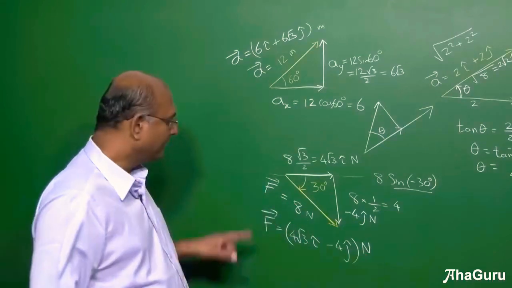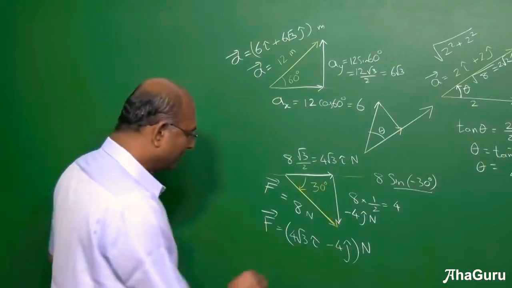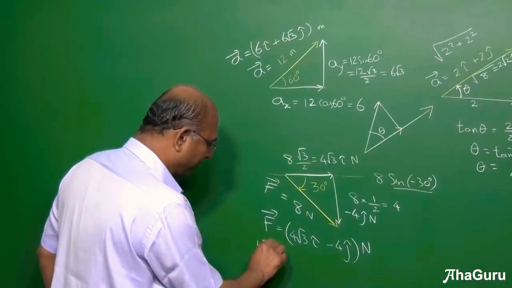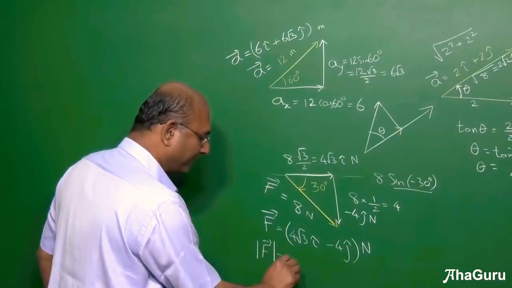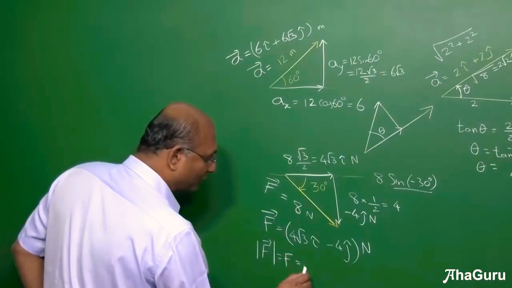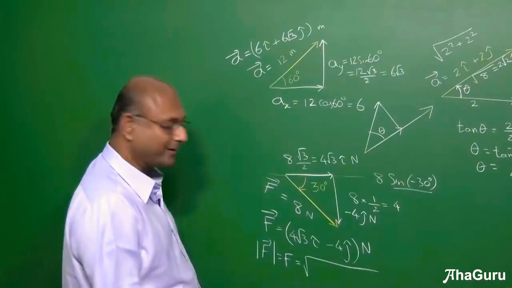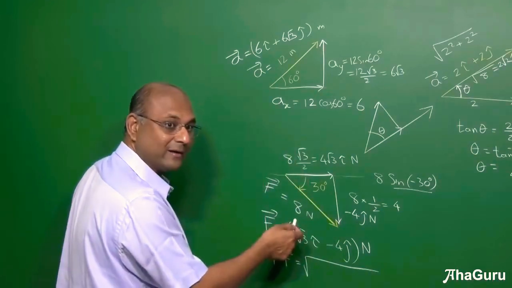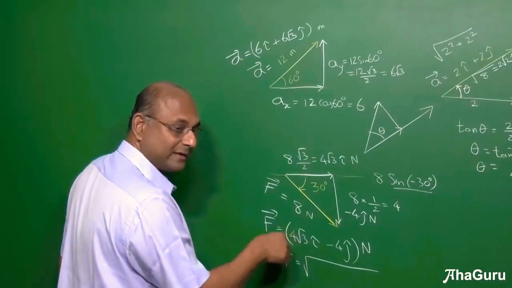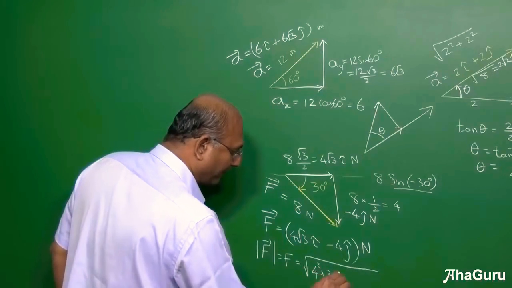Quick check. Is the magnitude of F 8? It should be, no? The magnitude of F, which we call just F without the arrow, must be equal to the root of this square plus this square. What is the root of 4 root 3 squared? 4 square into 3.